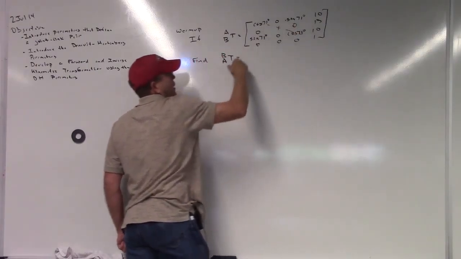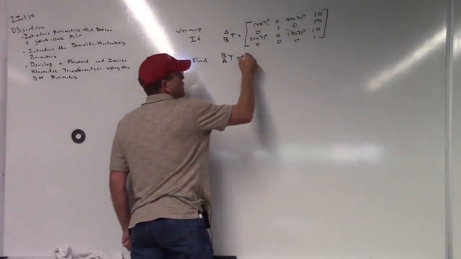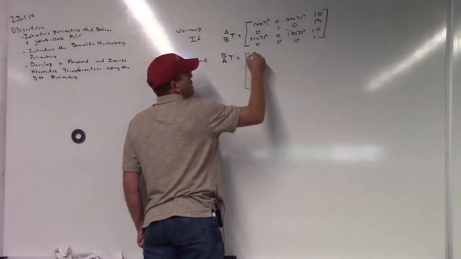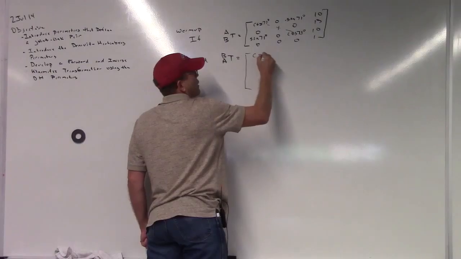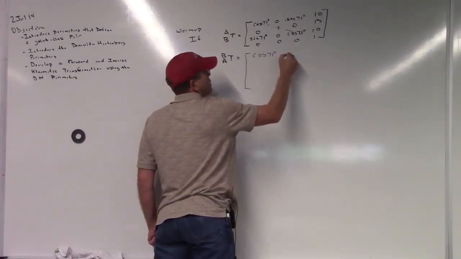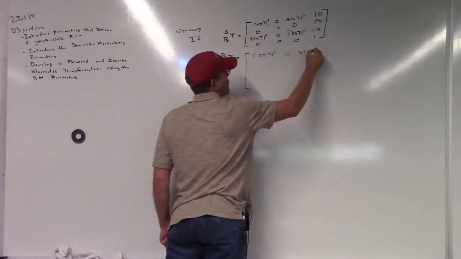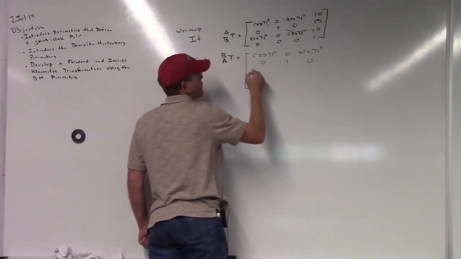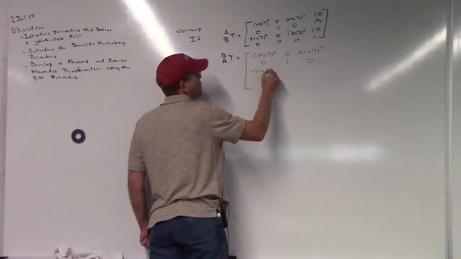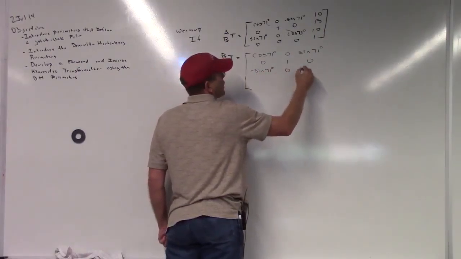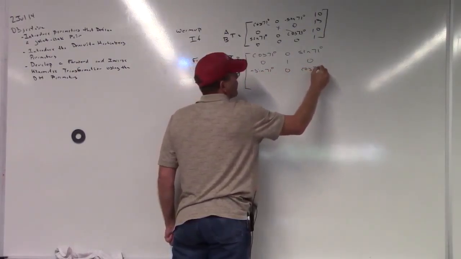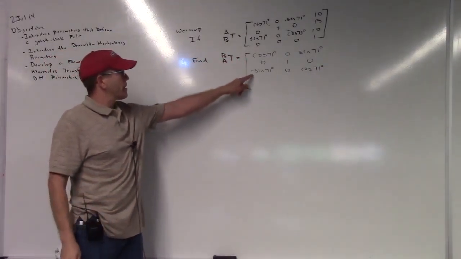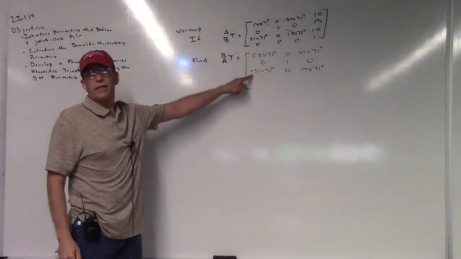We're just mirroring it across that diagonal. So in this case, we can say that the rotation matrix is just the cosine of 71 degrees, 0, positive sine of 71 degrees, 0, 1, 0, and then negative sine 71 degrees, 0, and cosine of 71 degrees. So sure enough, all we're doing is changing the sign on the sine term.